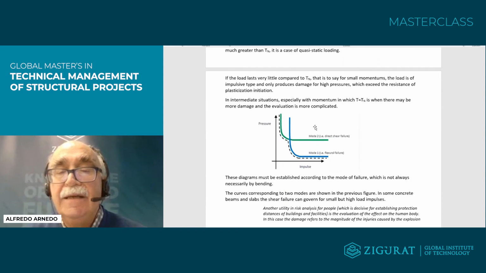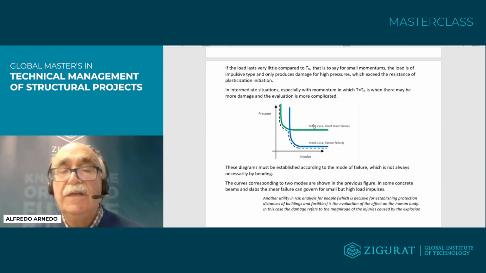Well, it's important to take into account that there are several situations of several modes of failure. For instance, in the typical one, the flexure, when we reach the plastic moment, the plastic bending moment in one beam, and another is when we reach the shear in an extreme, in a reaction of a beam. So there are situations when a column or a beam can fail by both things or one of these.